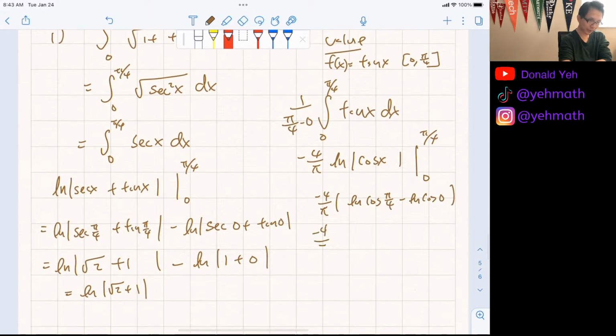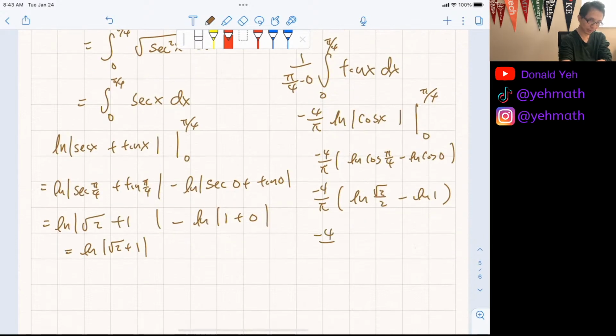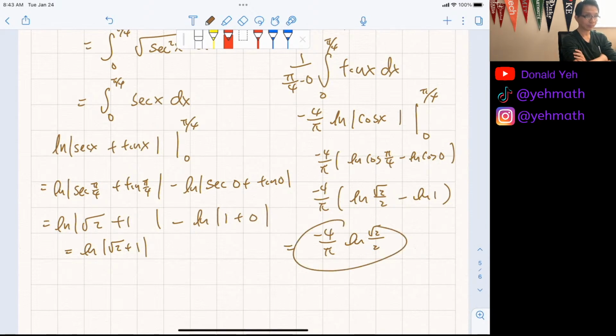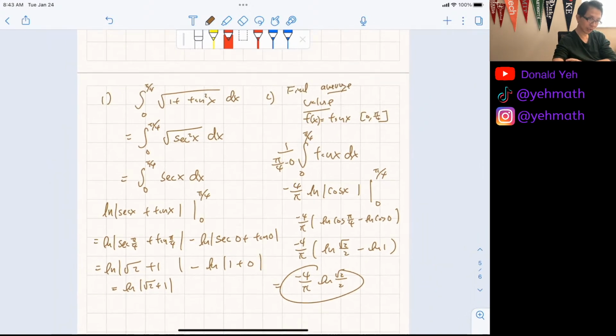That equals natural log of square root 2 over 2 minus natural log of 1, which is 0. So it'd be negative 4 over pi times natural log of square root 2 over 2. And that's it. This actually comes out to a very nice answer.